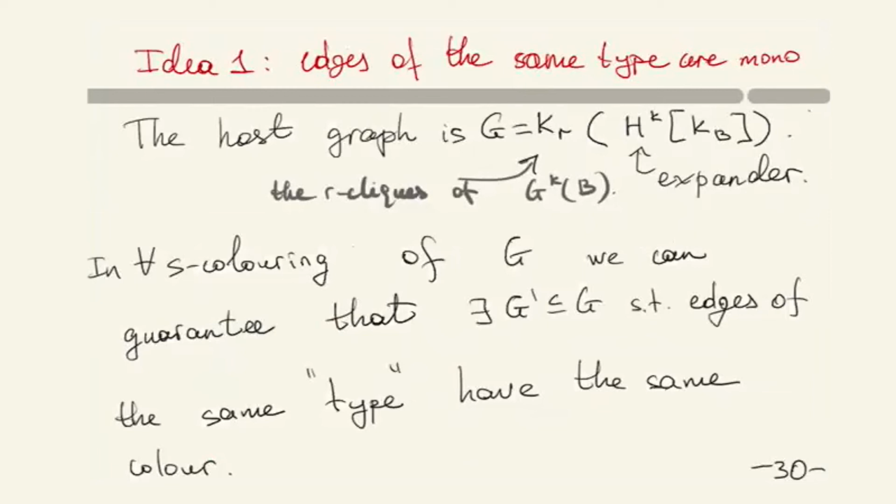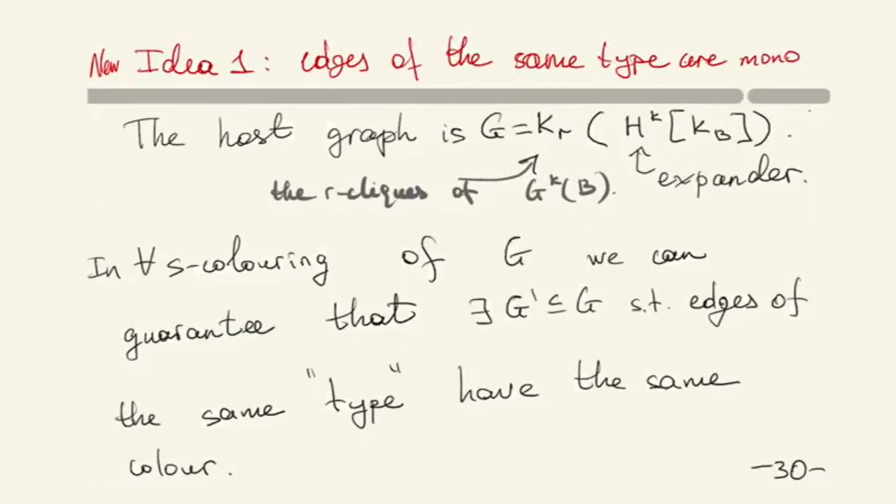If you can take away one thing from today, from the ideas, I think this is nice, because this is also probably the only idea that I can explain properly without being technical. So our host graph is going to be the following.